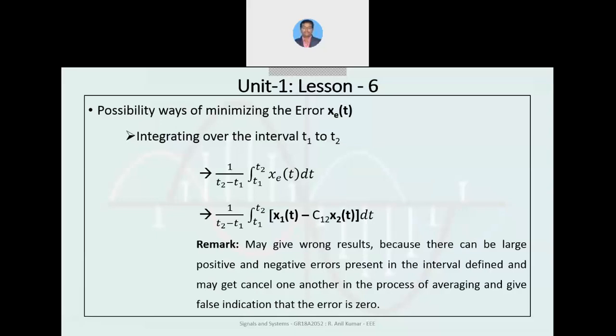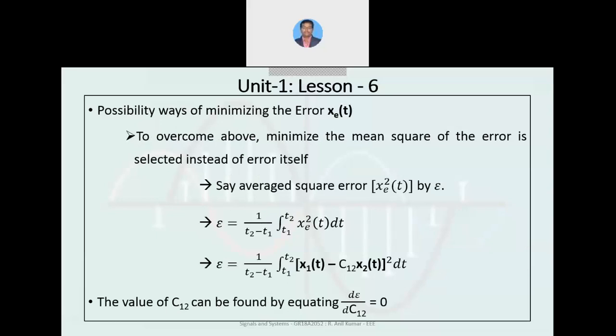To overcome this, we use the mean square of the error, which is nothing but xe square of t. So we take the square of the error signal and represent that as epsilon. The epsilon expression, the mean square error, equals 1 by t2 minus t1 integral t1 to t2 of xe square of t dt.